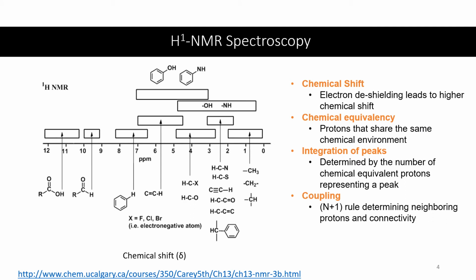Let's quickly remind ourselves about the proton NMR spectroscopy. So we discussed a few concepts related to that. First, the chemical shift is the number that you would see for a peak for specific protons appear on this axis.